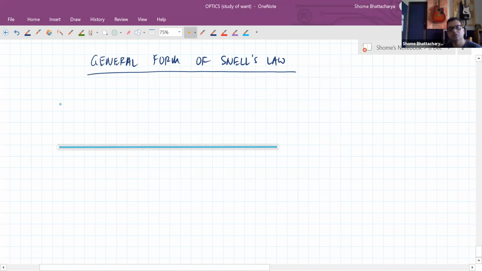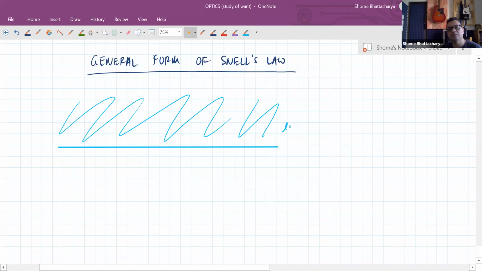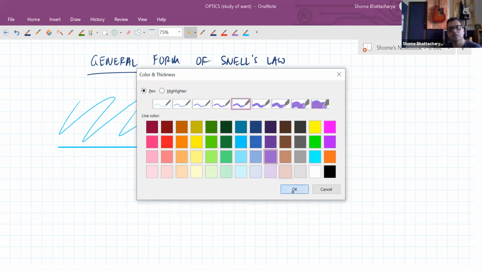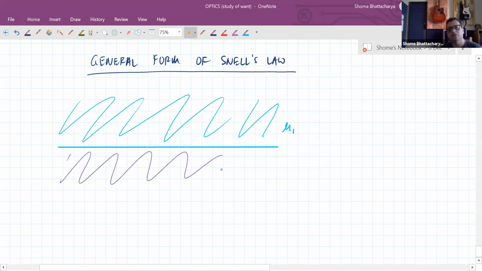So if this is any general medium on this side which has refractive index mu1, and on the other side is another medium which has refractive index mu2.